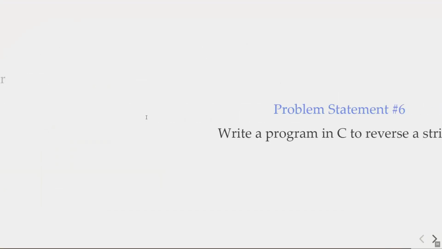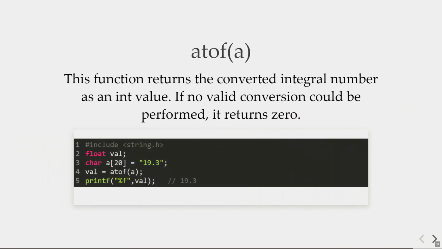So this is the example. Let's say you have a value of 19.3 inside the character array, and if you give it to this, you will get 19.3 as a floating value. I hope you have understood this.